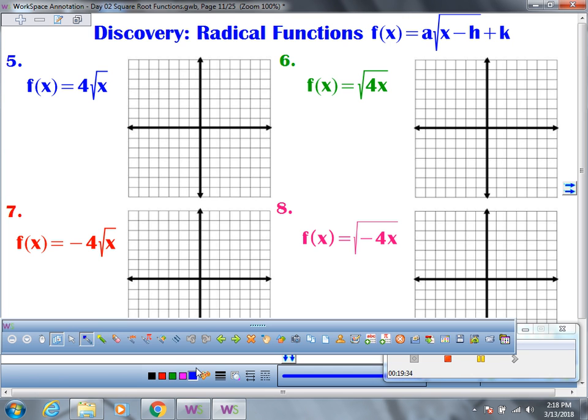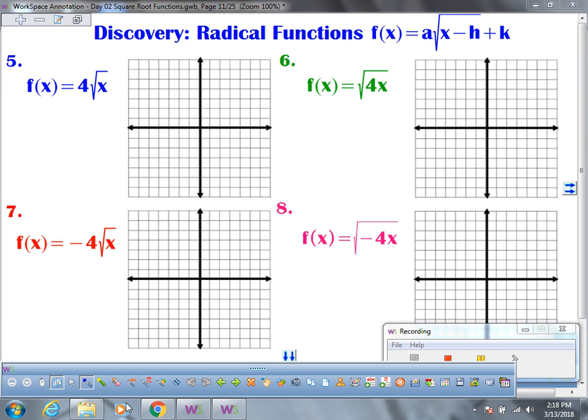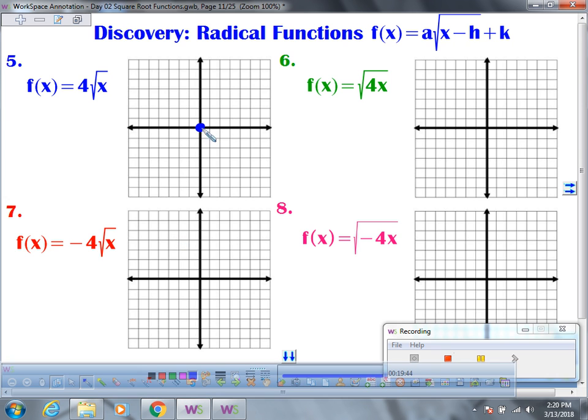So if I have a 4 out in front, I don't have a vertical or a horizontal translation. I'm just going to make the graph stretch. So instead of going over 1, up 1, I'm going to multiply that by 4.